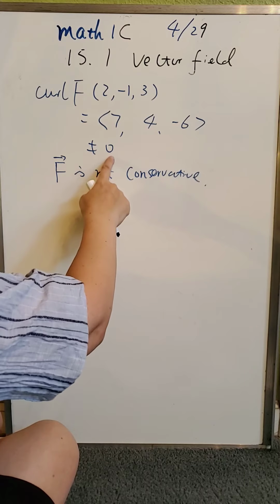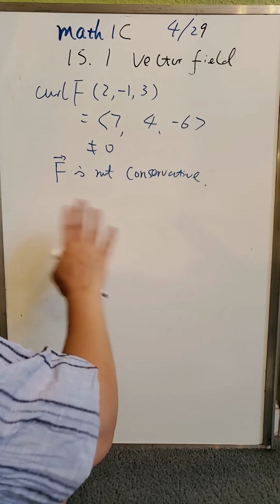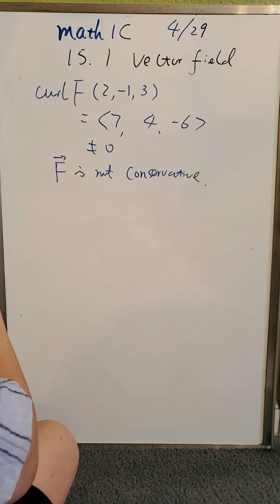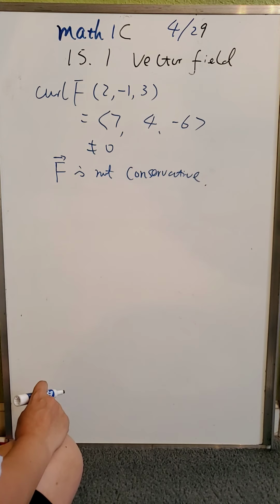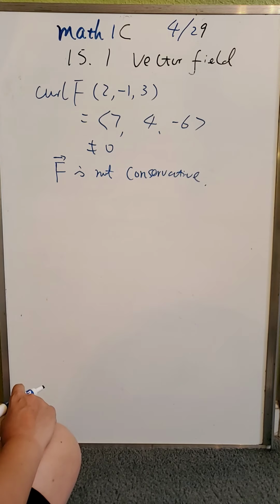But if the curl is equal to 0 everywhere, then that's good, the whole field is conservative. So when they talk about conservative or not, they're talking about the whole vector field.